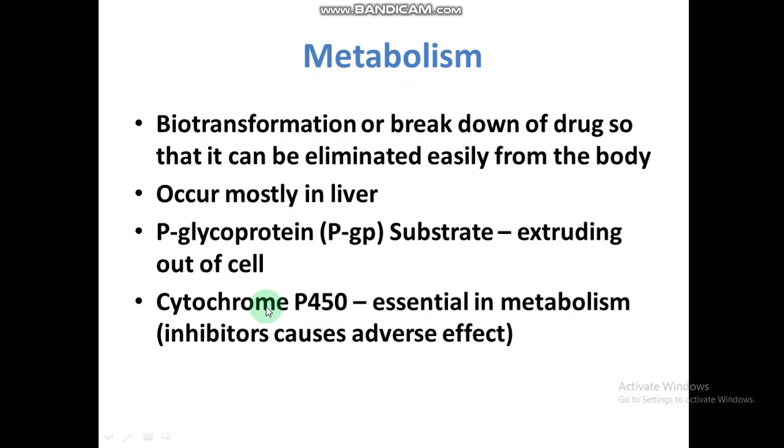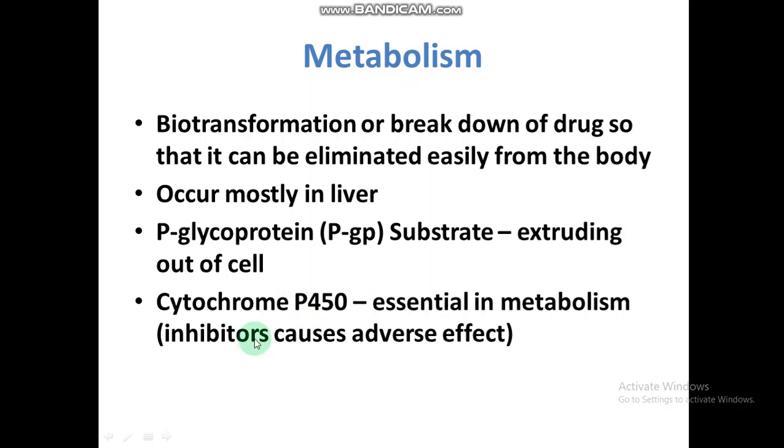And another parameter which also tells us what the fate of our drug will be is cytochrome P450. Cytochrome P450 is essential in metabolism. It is essential in the oxidation of our drugs or medicine.